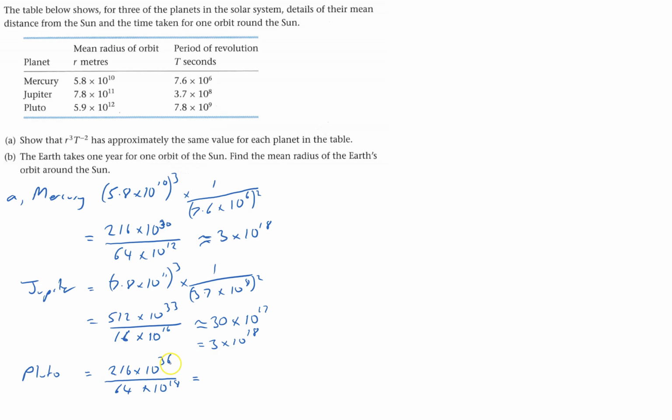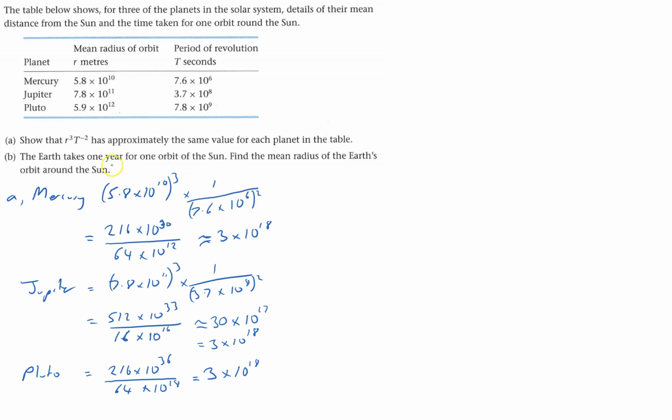And that equals, well, I've had this 216 divided by 64 before, so it's about 3 times, and 10 to the 36 take away 18 is 18, so they're all roughly the same.